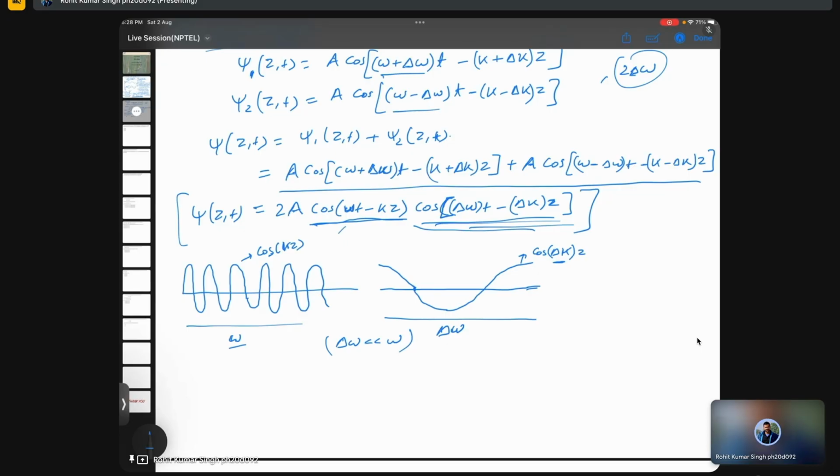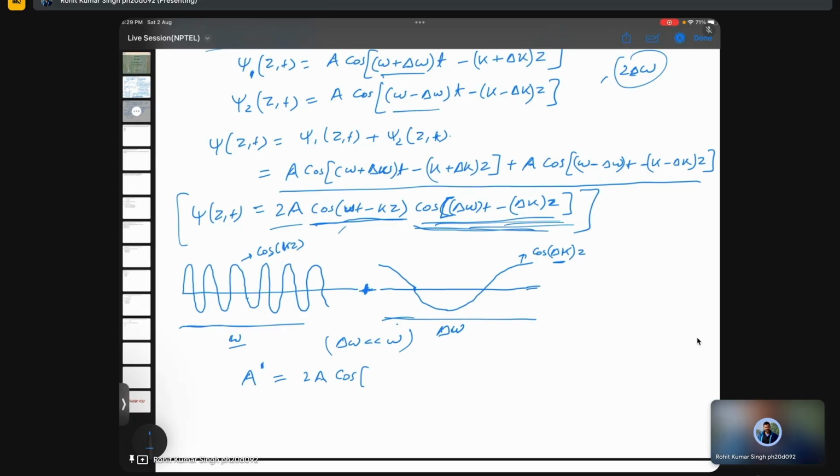To interpret this together, one thing you will notice is that this function is varying very rapidly, its frequency is high, whereas when we are adding them, the second one is varying very slowly. So what if we merge the second one into the amplitude of this whole wave function? What if you define a new amplitude a prime, which is given by this formula?